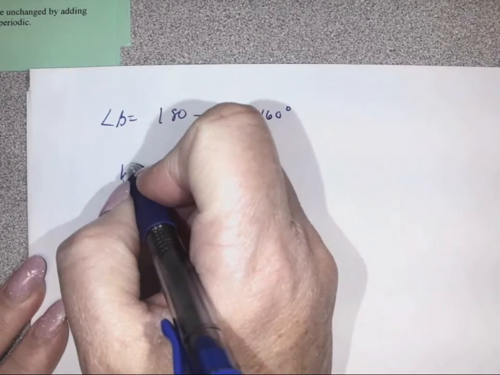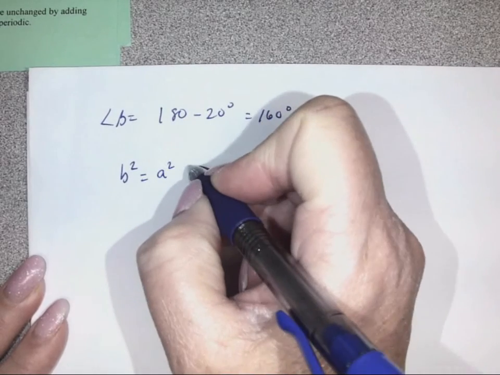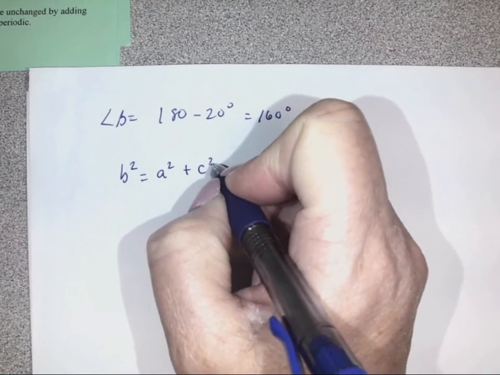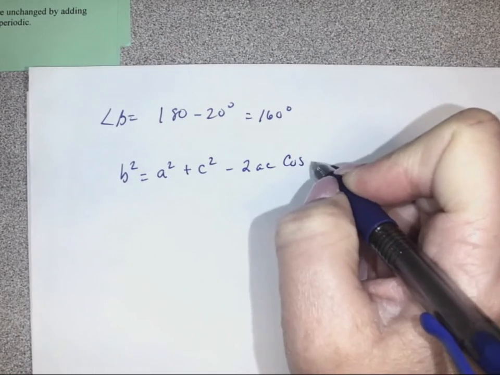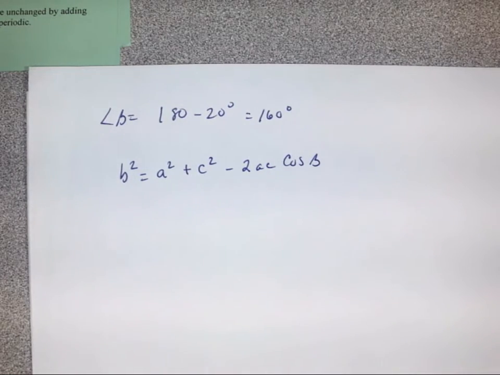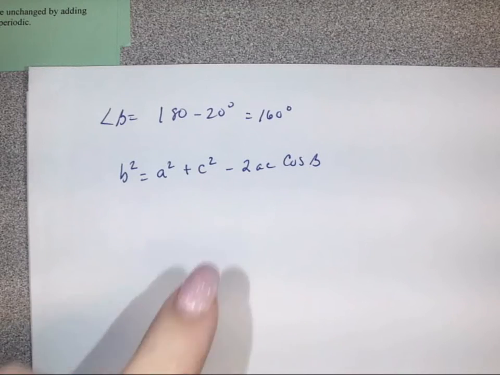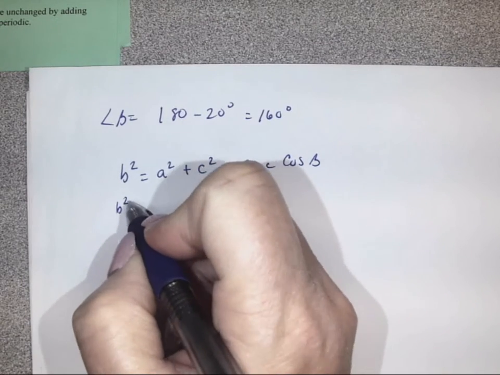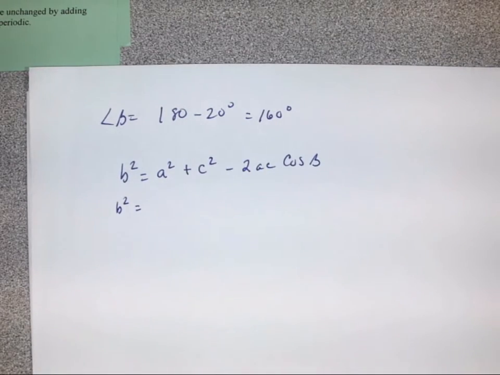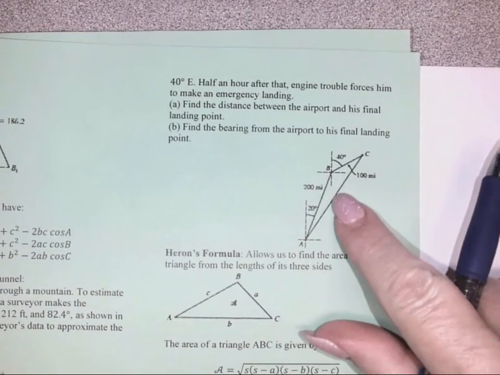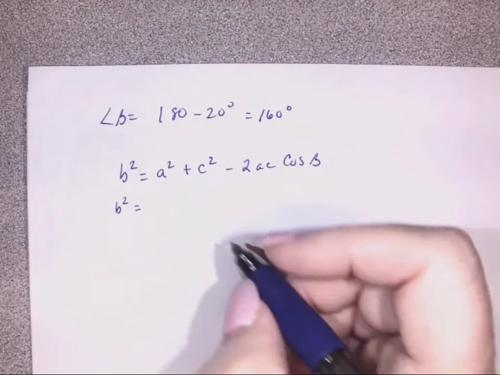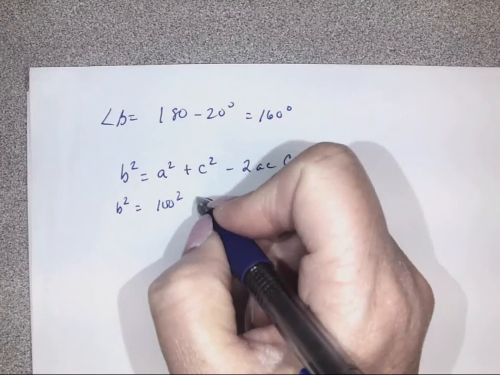So we're looking for little b, so we're going to do b squared is equal to a squared plus c squared minus 2ac times the cosine of B. All right, let's plug in what we know. We have b squared. Our a squared, if angle A is here, little a is across from it, so that's 100 squared.